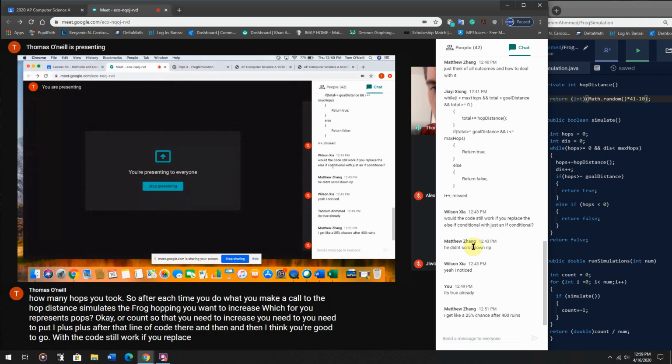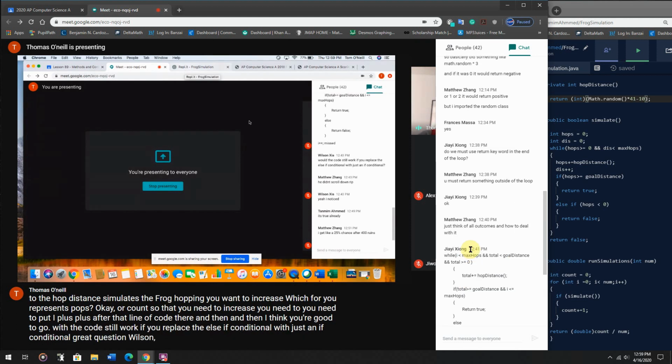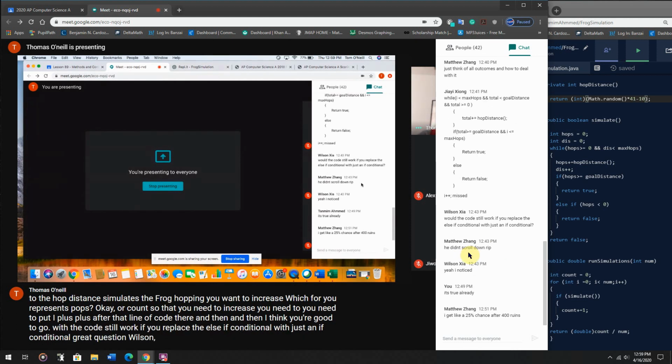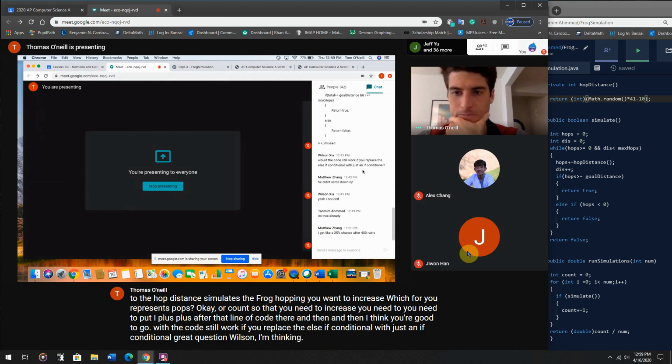Would the code still work if you replace the else if conditional with just an if conditional? Great question, Wilson. I'm thinking.